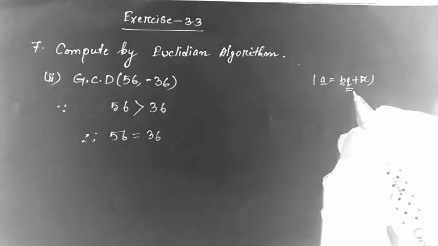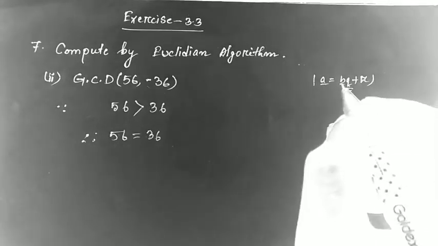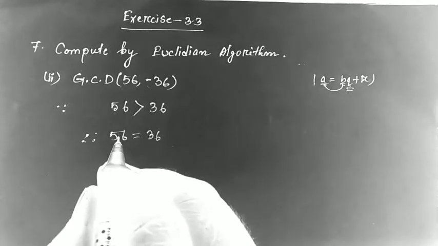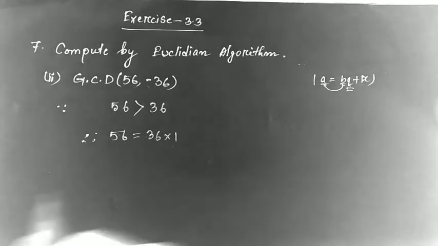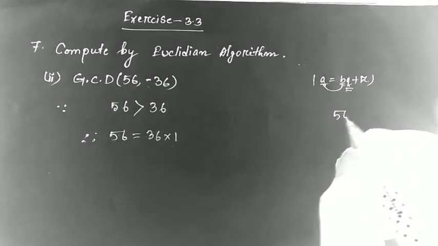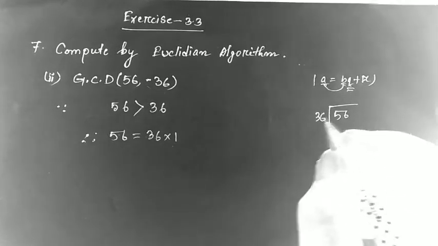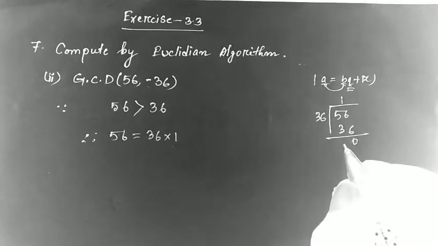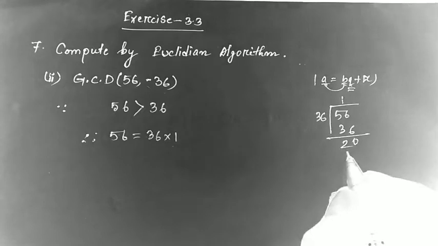36 divides 56 how many times? Q is the quotient when we divide A by B. So 36 divides 56 one time, and 36 from 56 leaves 20, the remainder.